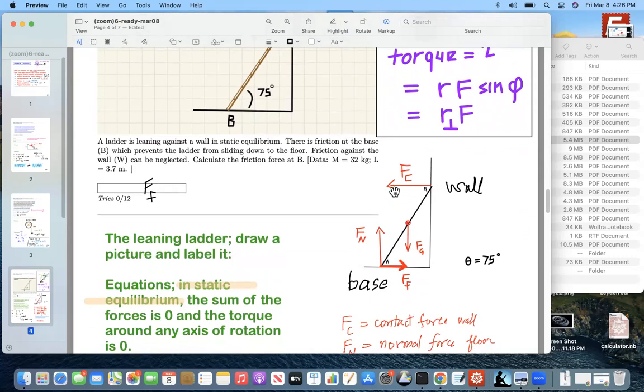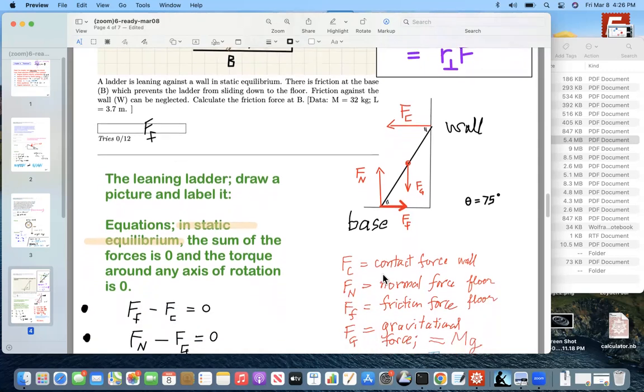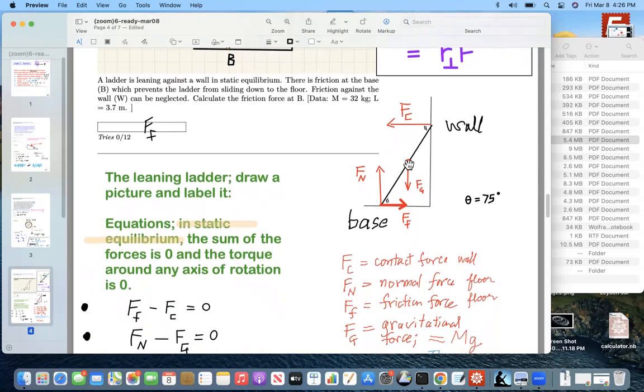Let's put on this picture all the forces that are acting on the ladder. So gravity is pulling it down towards the earth. We can calculate that force by saying that it's all concentrated at the center. It's the total gravitational force, Fg, and I can think of it as being all concentrated at the center.